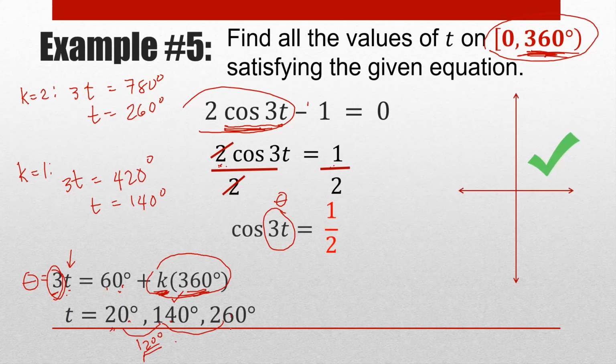Ngayon, pag nag-add tayo dito na 120 degrees, that will be 380 degrees already. Lalampas na siya dun sa ating range. Although 380 degrees will still satisfy the equation if you use your calculator. Kaya lang sa problem natin, between 0 and 360 lang ang hinahanap. So, we're restricted to the values of t equal to 20 degrees, 140, and 260 degrees.